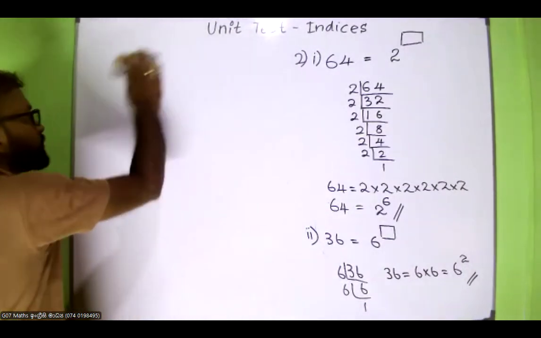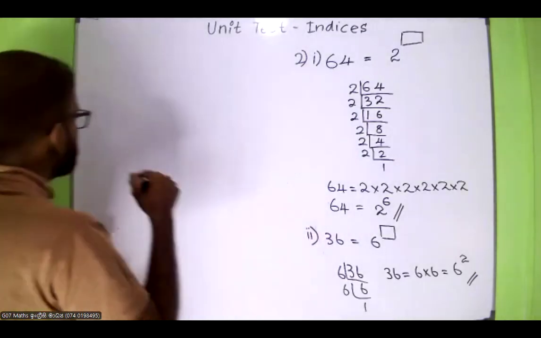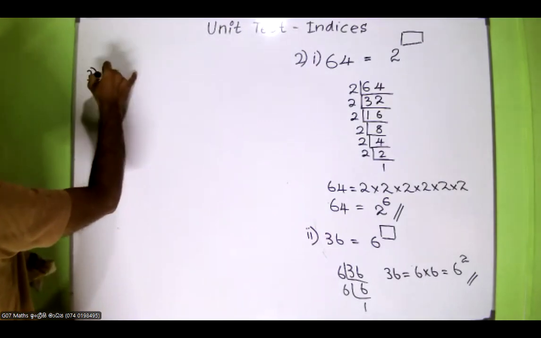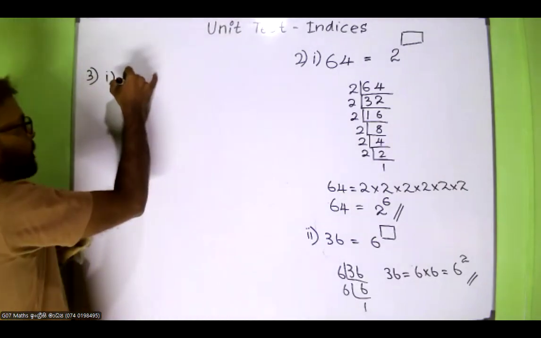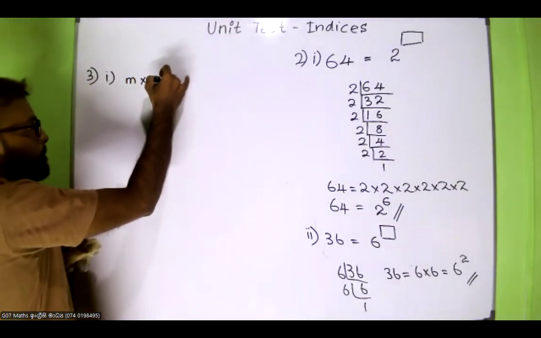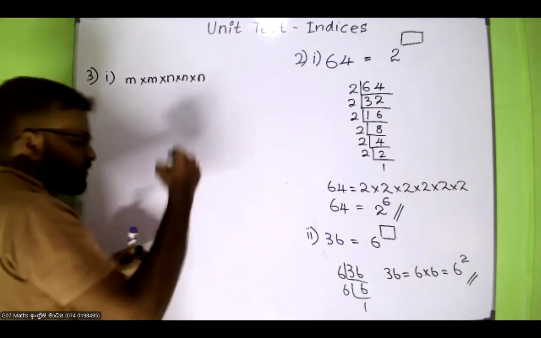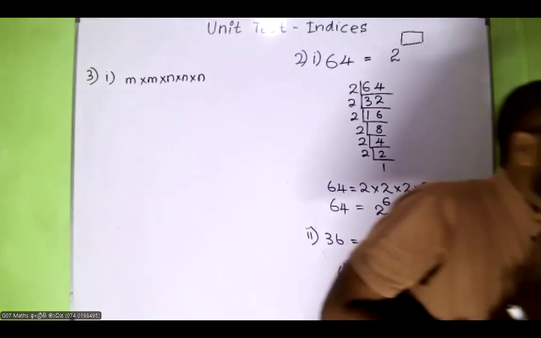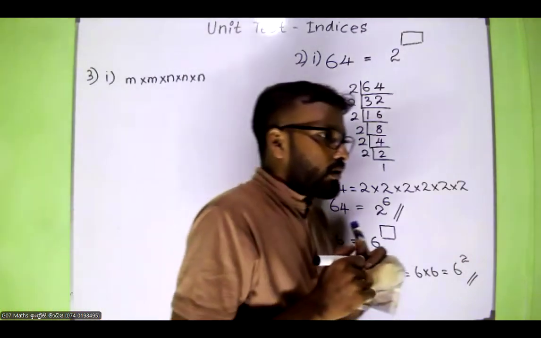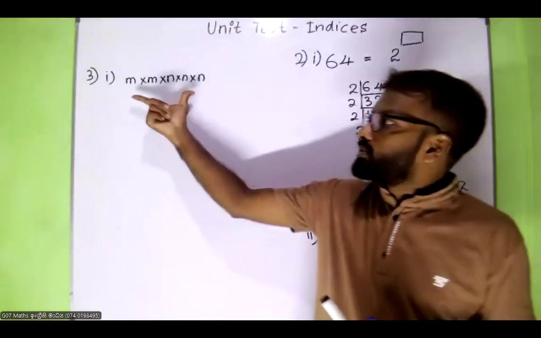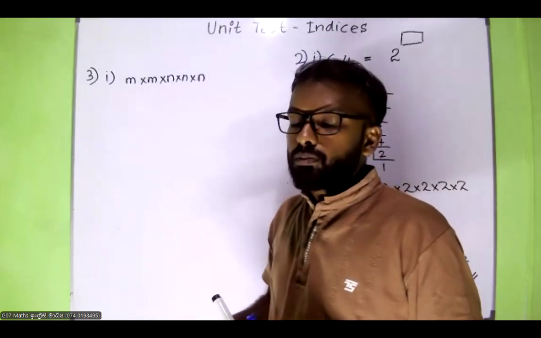Third question, first part: M times M times N times N times N. N has to be repeated 3 times, right? So you have to express this expression in the index form. How do you do that?